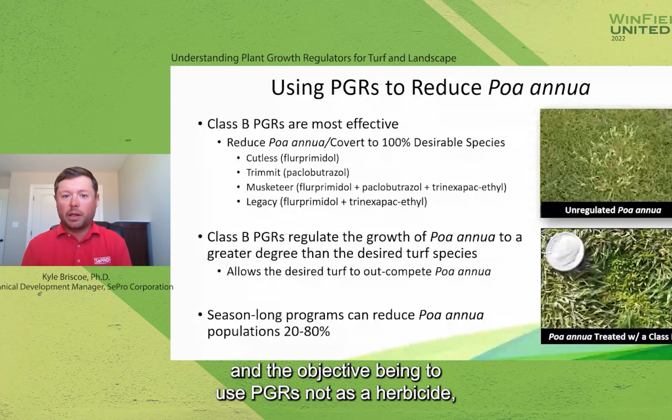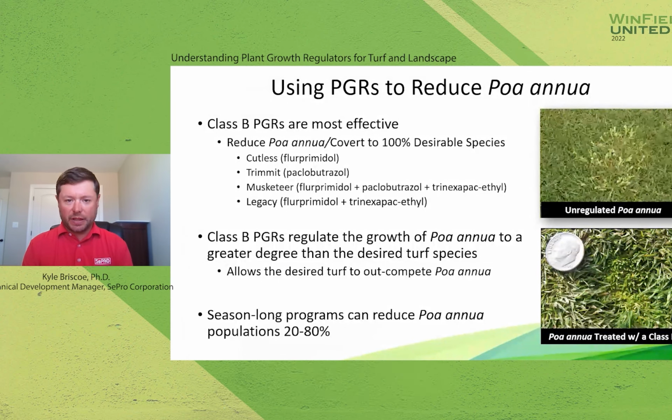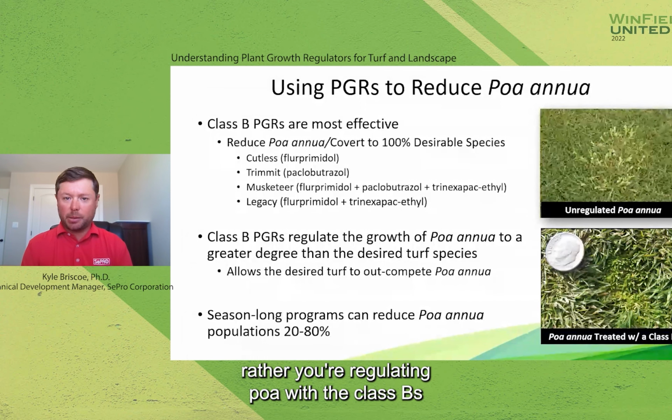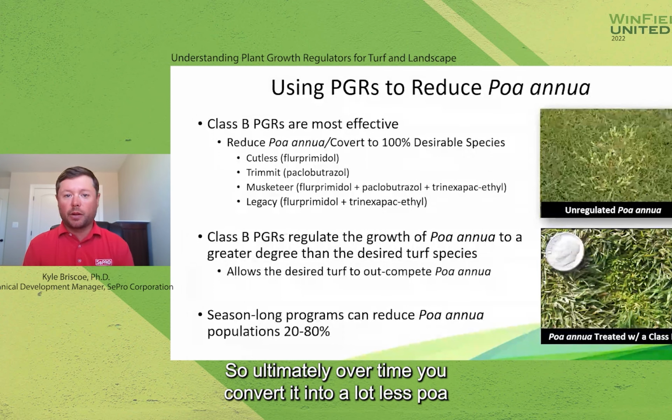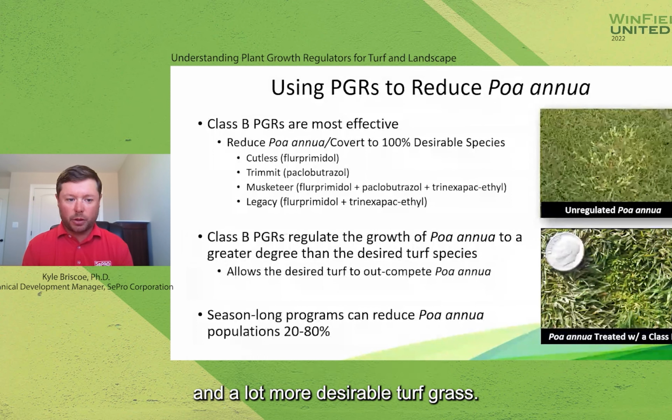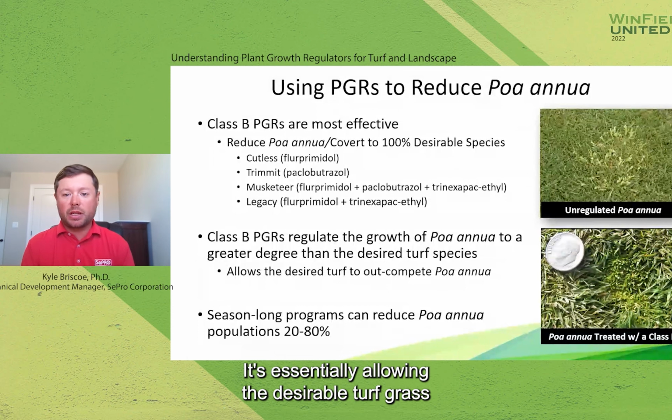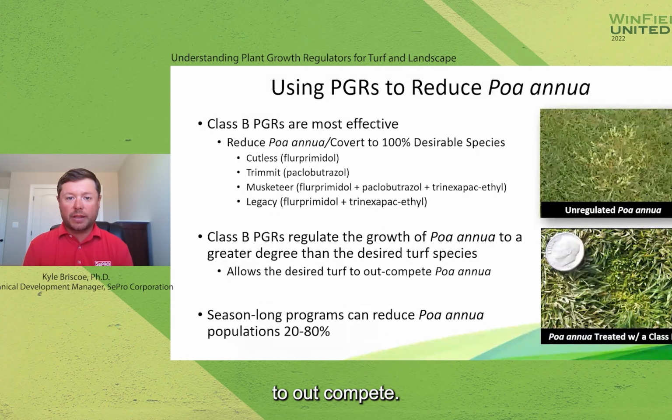And the objective being to use PGRs not as a herbicide, rather you're regulating POA with the Class Bs more than you're regulating the desired turfgrass species. So ultimately, over time, you convert it into a lot less POA and a lot more desirable turfgrass. It's essentially allowing the desirable turfgrass to outcompete.